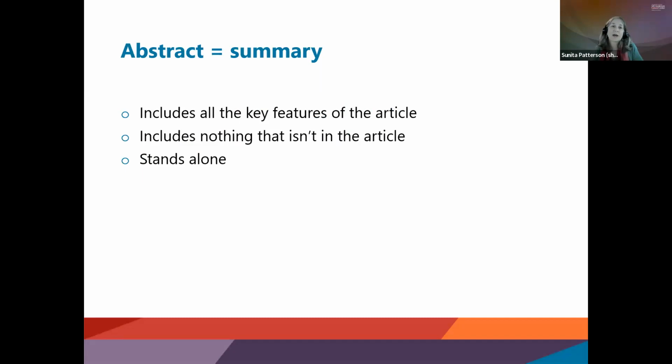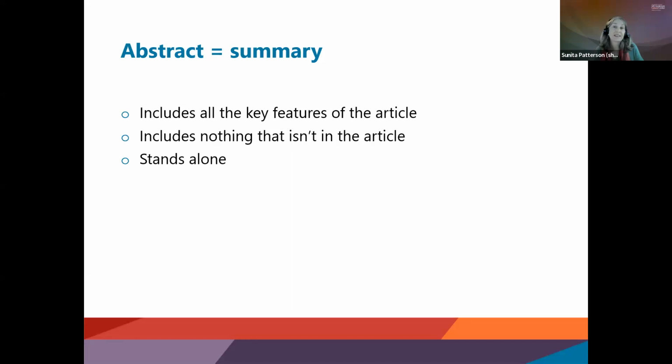Just to remind ourselves of the goal of the abstract. The abstract is a summary, and so it needs to capture all of the key features of the article if you're writing an abstract for a journal article, or if you're writing an abstract to submit to a conference, it needs to capture all of the key features of your study.